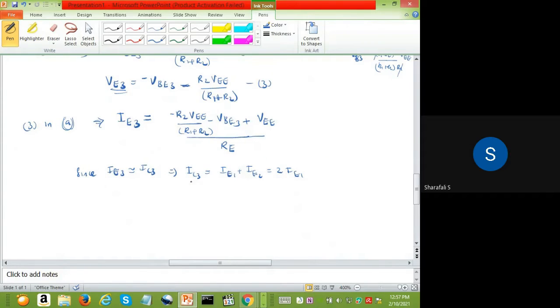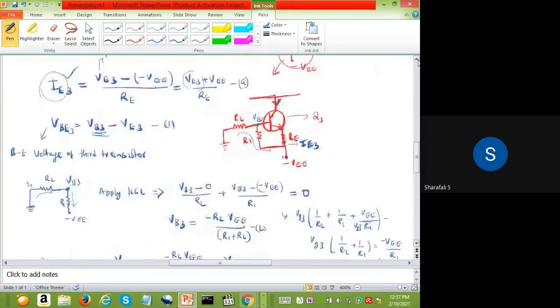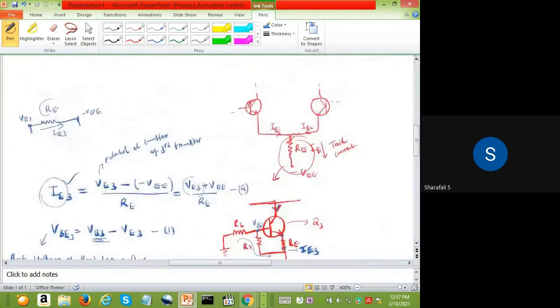So IC3 will be 2 IE1. Remember it is coming because we are having IE1 here, IE1 here, and IE2 here. So if you add these two, you will get IE3.